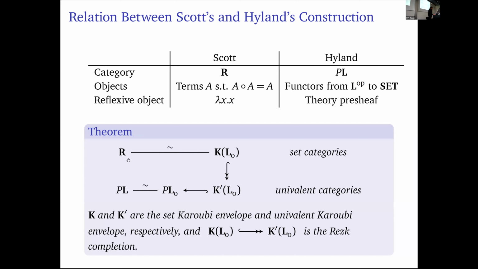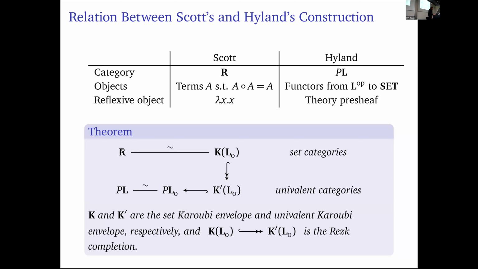We can show that R is actually equivalent to the Karoubi envelope, whatever that is, of a category built from the terms in empty context. And there's a set theoretic Karoubi envelope, and there's a univalent Karoubi envelope, where the univalent Karoubi envelope is the Rezk completion of the set theoretic Karoubi envelope, or the set categorical Karoubi envelope.